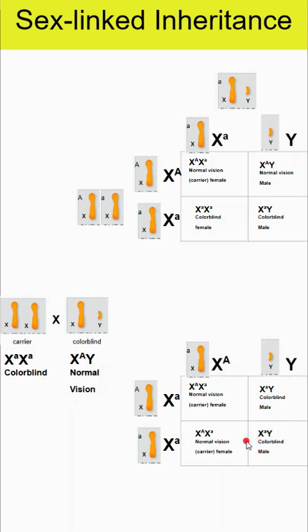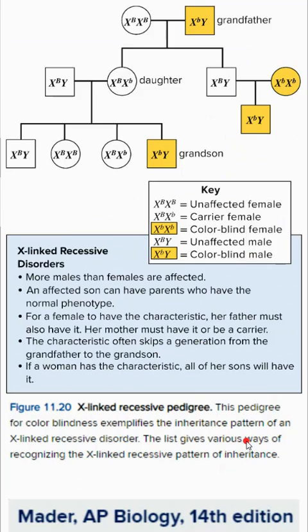That ties into some of the trends we see in pedigrees. When we look at X-linked recessive disorders in general, there are going to be a lot more men than women that have the trait. And if you ever see a woman with the trait, her sons have to have the trait.